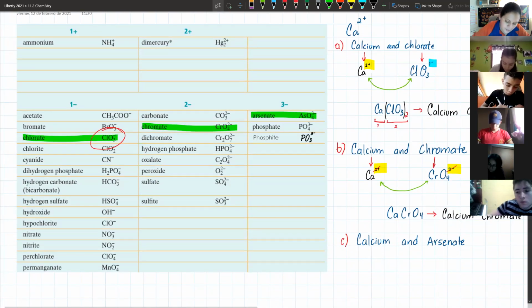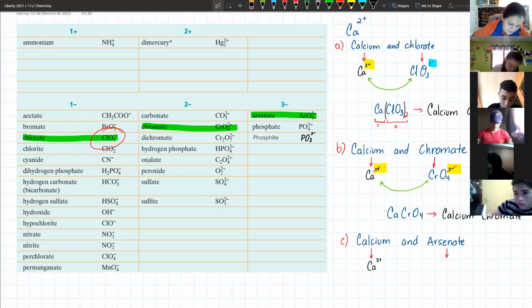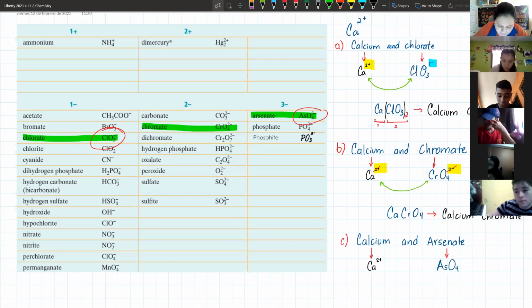First, we write the elements and symbols with the oxidation state. Calcium, you know so far, is Ca2+, and arsenate is there in the table: AsO4, and the charge is -3.